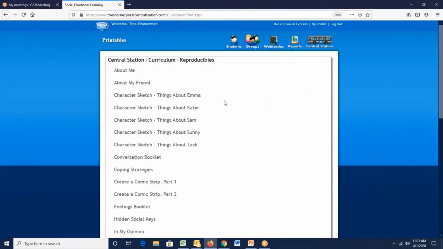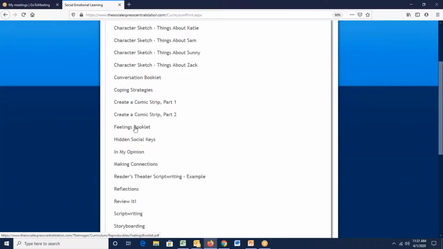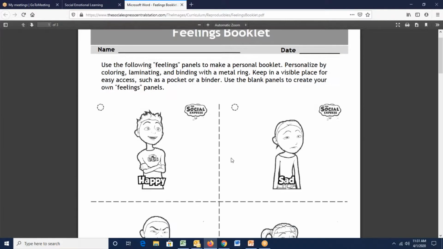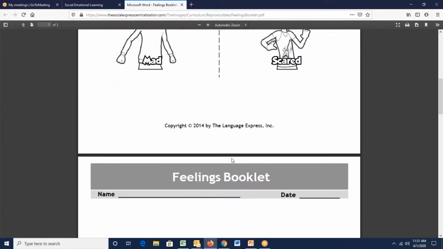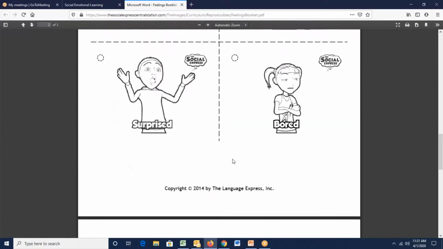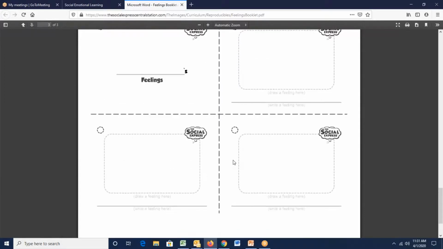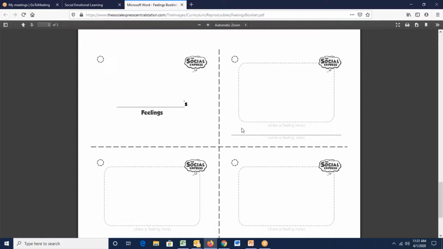Those kind of things. I really like the feelings booklet and the coping strategies because that kind of goes with the DPS that they're going to see in the webisodes, where first the character identifies how they're feeling, and this is a PDF. If you're able to get this to the parents, then they can add their own frustrated, whatever, and draw.